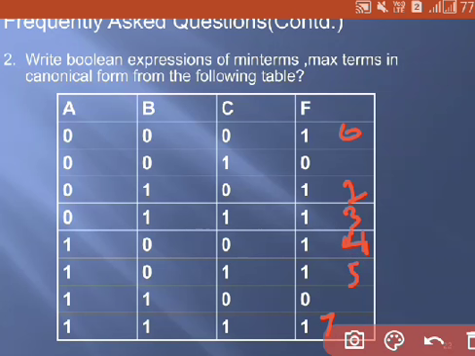So these are the min terms. And similarly for writing product of sum, it will be pi capital M of what? M1 and M6. Pi capital M of 1, 6 will give you the standard canonical POS form. Okay.